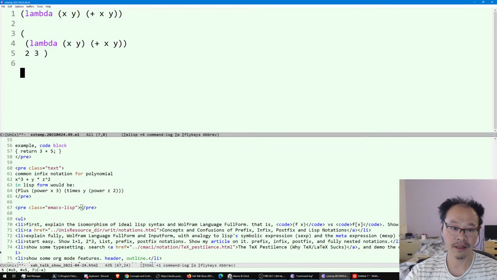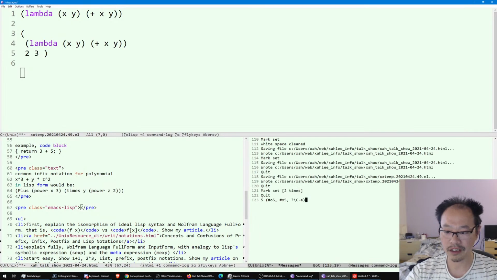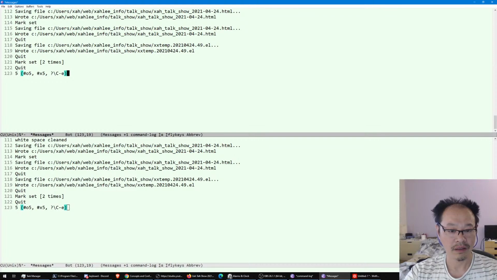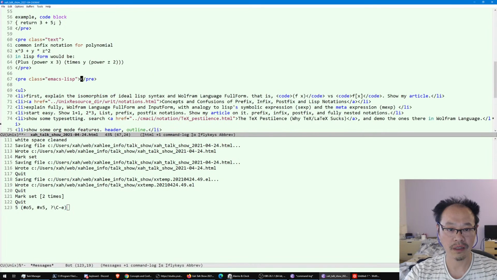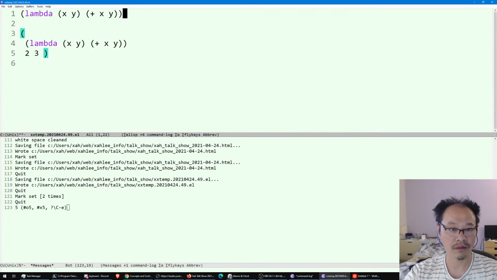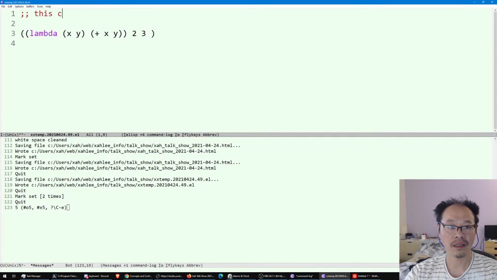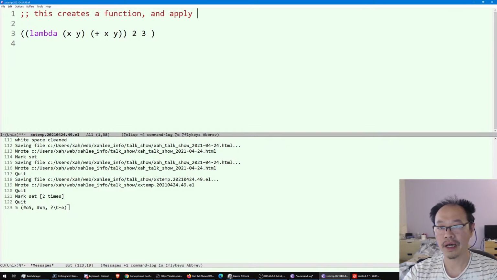Yeah, it worked. Let me show you the message buffer so you can see. Let's do it this way. Let's remove that. Let's prettify and add a comment: this creates a function and applies it to 2 arguments, 2 and 3.